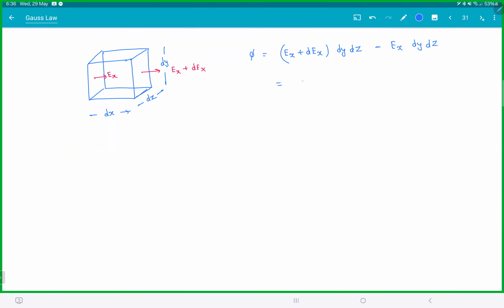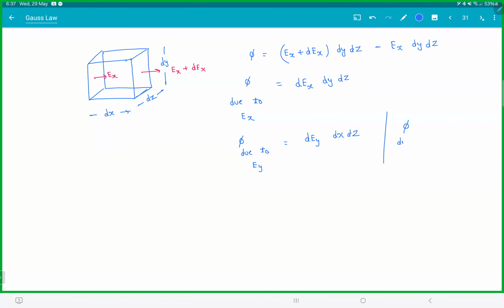So this will be dEx into dy dz. This is the flux only due to the horizontal field, due to Ex. Make sense? Similarly, using the same logic, the flux due to the Ey field will be dEy, with area dx and dz.